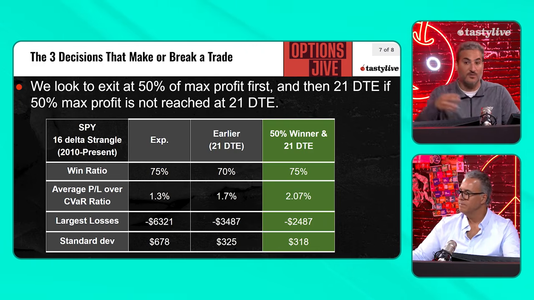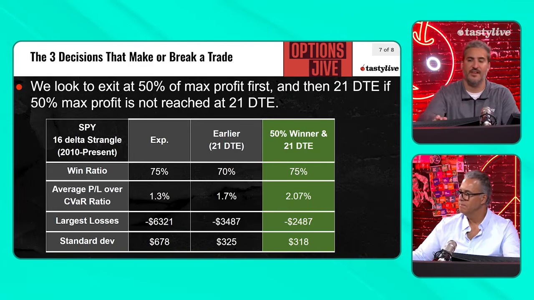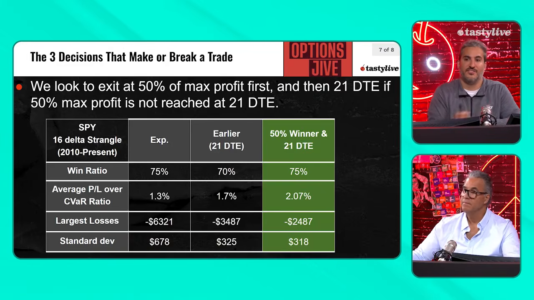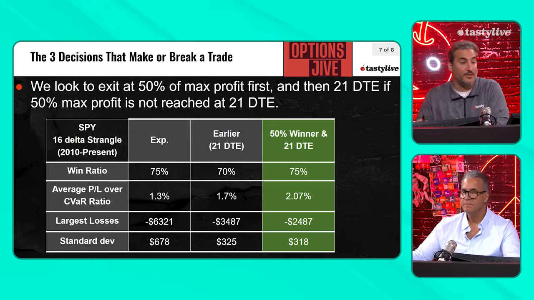And so that's why your average P&L is going to increase, because your losses are tighter, like they're not as big. And that goes in line with your standard deviation of P&L. $600, if you're making that, is a better number than $300.